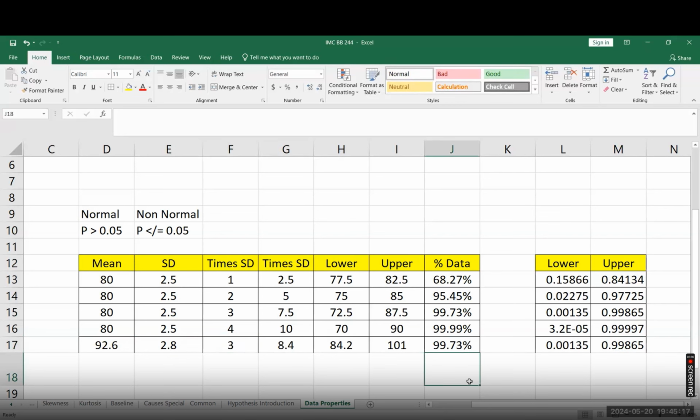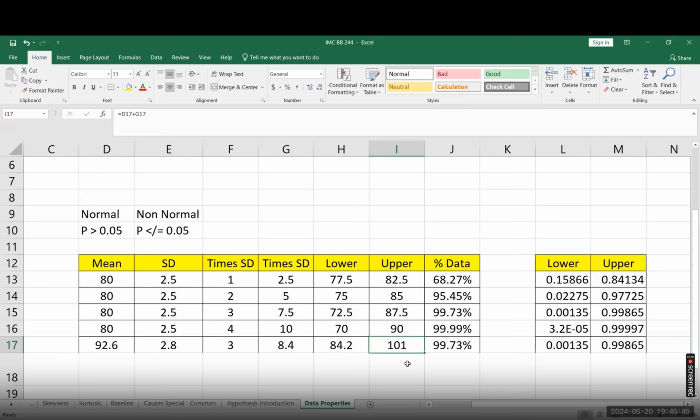So it is simply saying that if your current average is 92.6 and your standard deviation 2.8, which means 3 times of standard deviation is 8.4. So 92.6 minus 8.4 will be 84.2. And 92.6 plus 8.4 will be 101. So productivity percentage cannot be more than 100. Yes, sir. It will be up to 100.